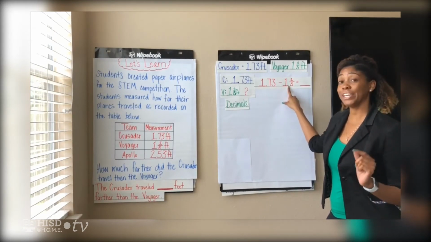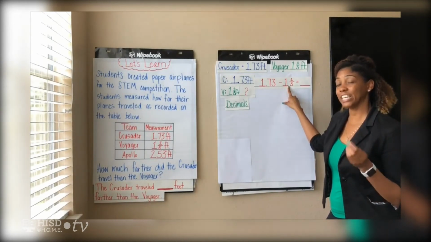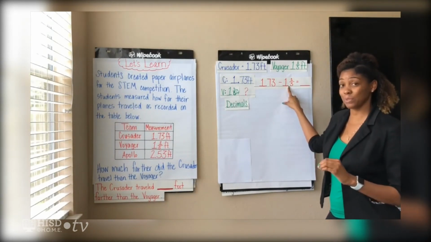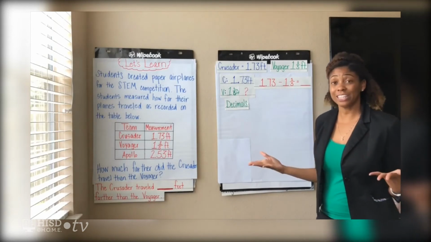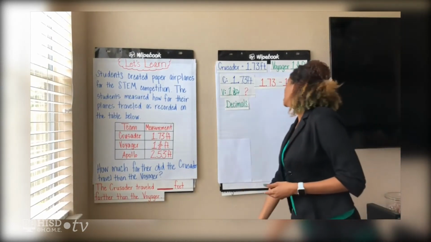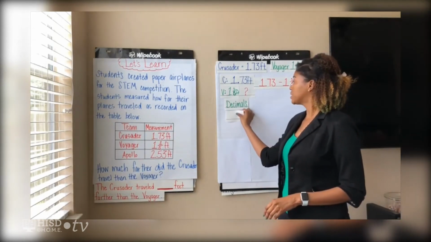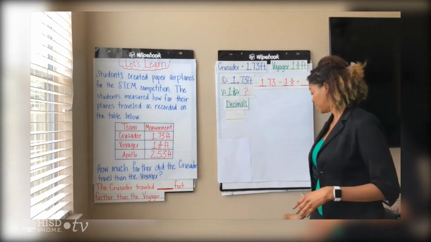However, I have 1 and 1/5. The one thing I have to do is change the fraction to a decimal, so I need to rename it as a decimal. To rename 1/5 as a decimal, we're going to have to do some converting.